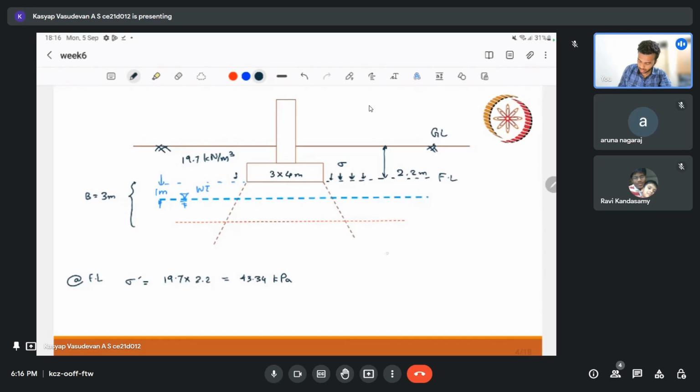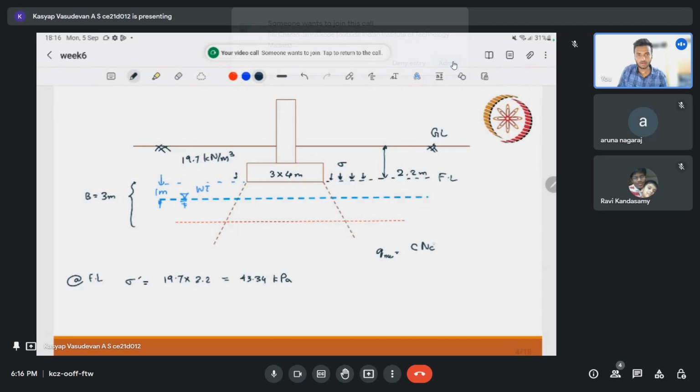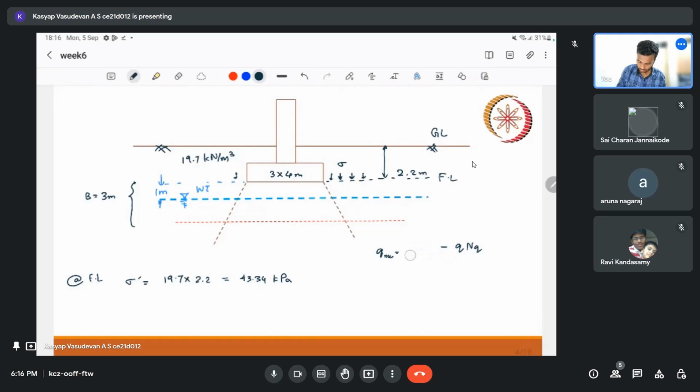That is, if I write qu is equal to c Nc, I'll write it properly. c Nc Sc Dc Ic plus q Nq Sq Dq Iq plus half gamma B N gamma S gamma D gamma I gamma.